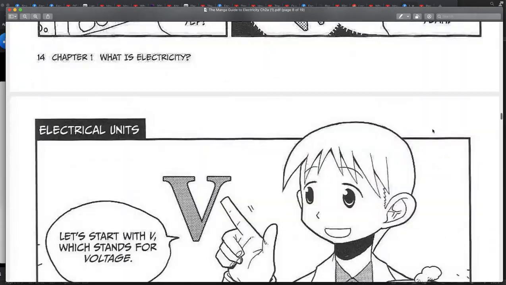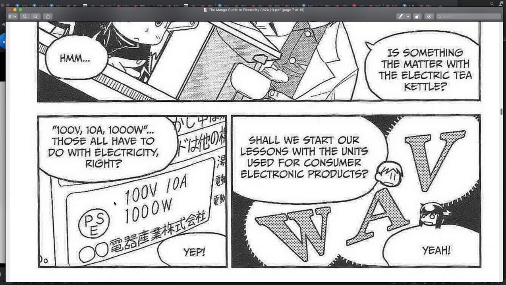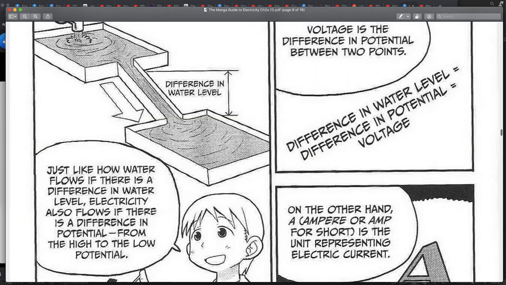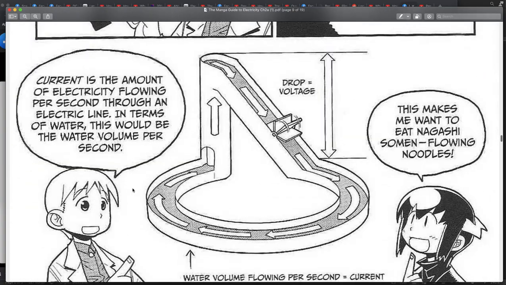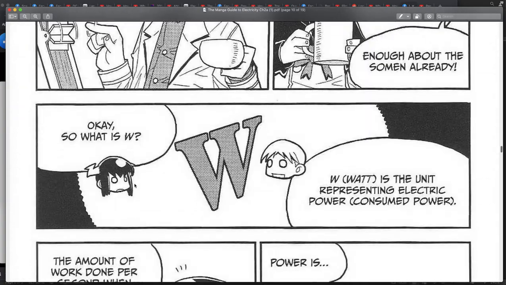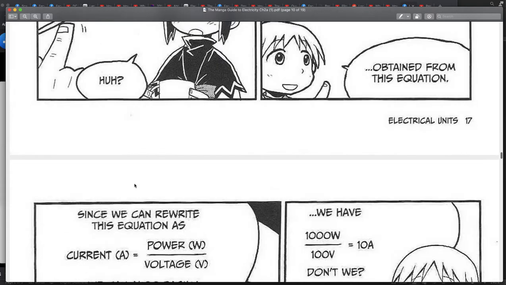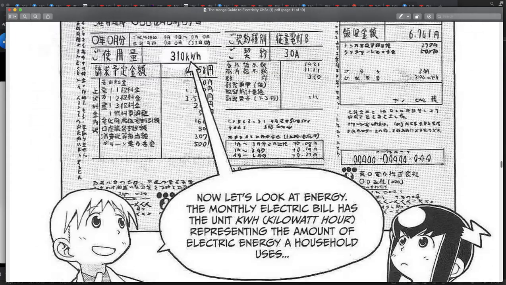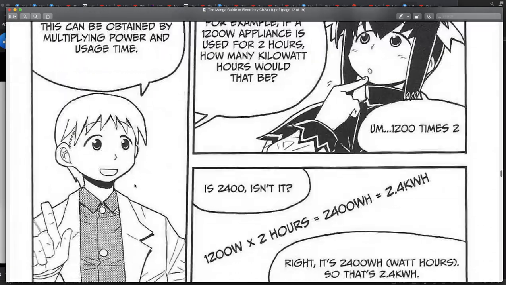I think they use 100 volts, where America uses like 110 volts. Europe uses 210, 220, I think, something like that. Australia uses 240 volts.